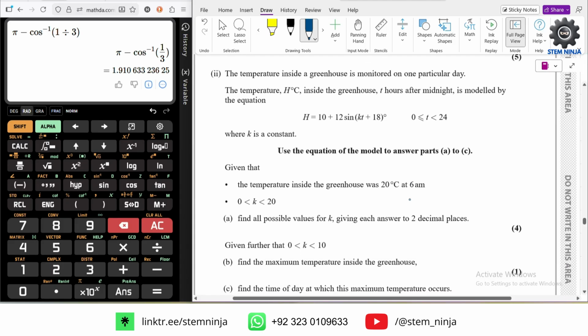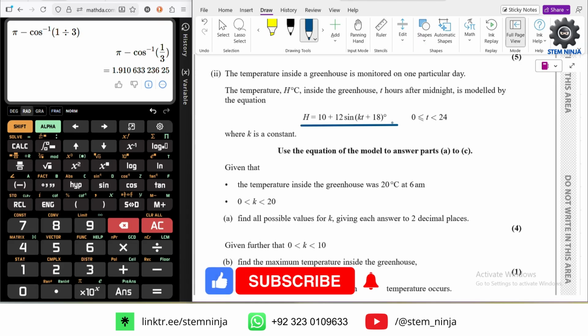Right, okay. The temperature inside a greenhouse is monitored on one particular day. The temperature is H degrees Celsius inside the greenhouse, t hours after midnight, modeled by the equation H is equal to 10 plus 12 sine of (kt plus 18), where k is a constant.